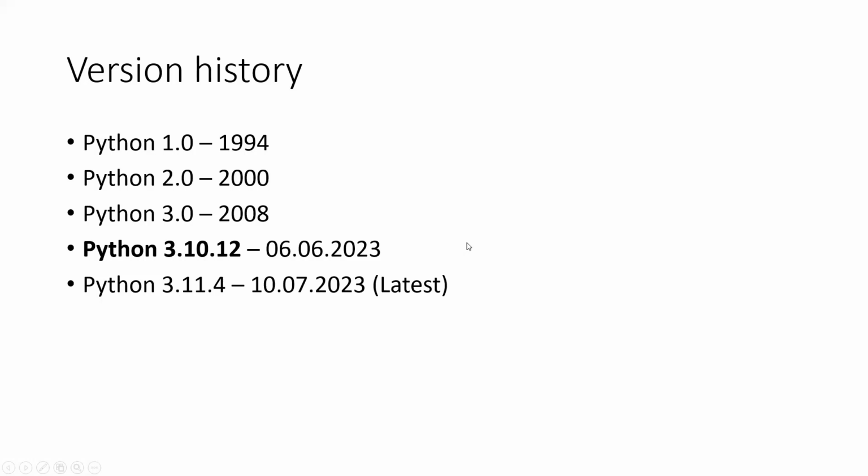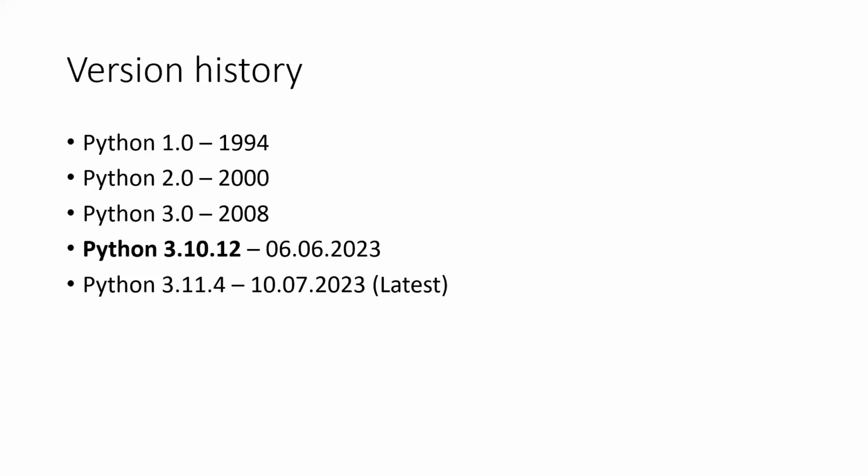Now you may ask, why did I go for 3.10.12 but not for 3.11.4 or 3.1? The reason I didn't choose 3.1 in the first place is that the support offered for that particular version has been stopped.